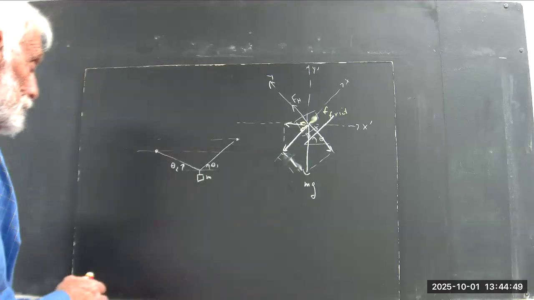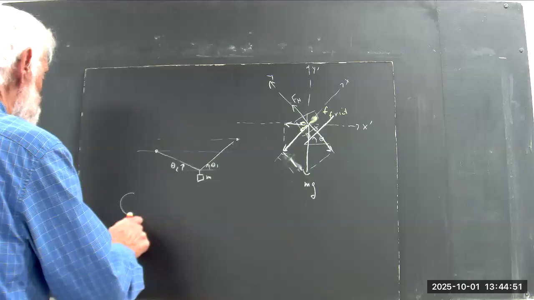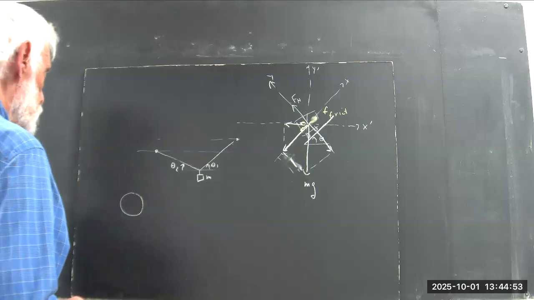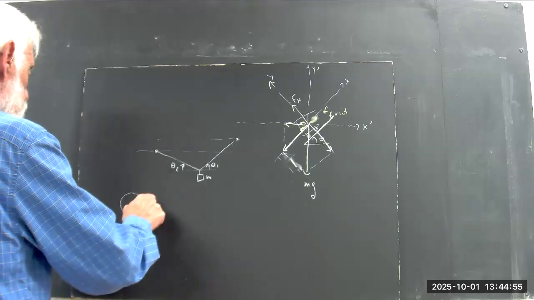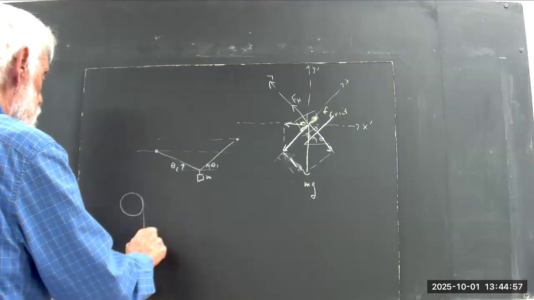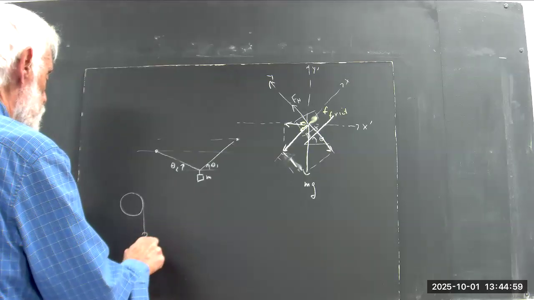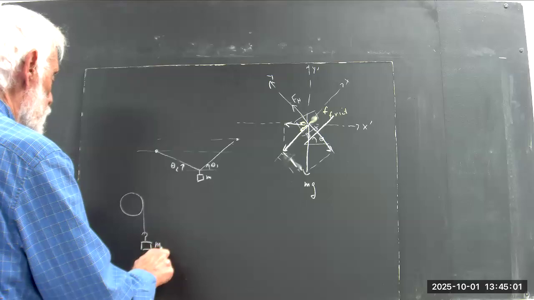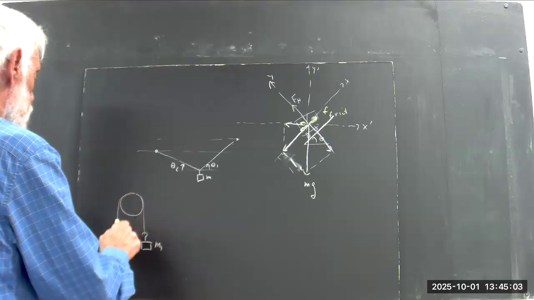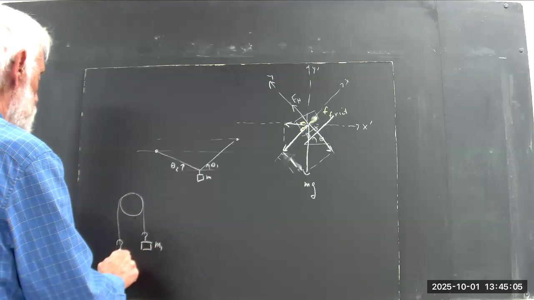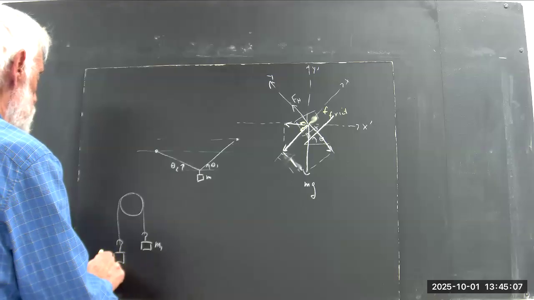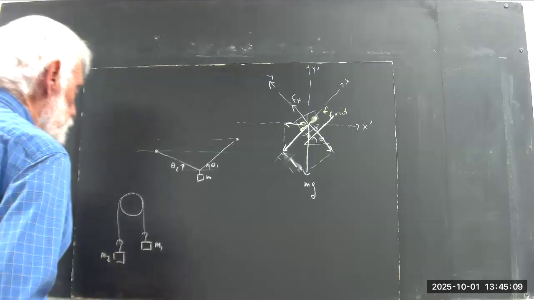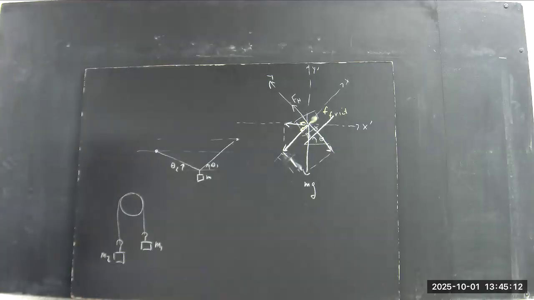But I'll do that tomorrow afternoon. Okay, you got a pulley. You have a mass M1 over this side. And a mass M2 over this side.